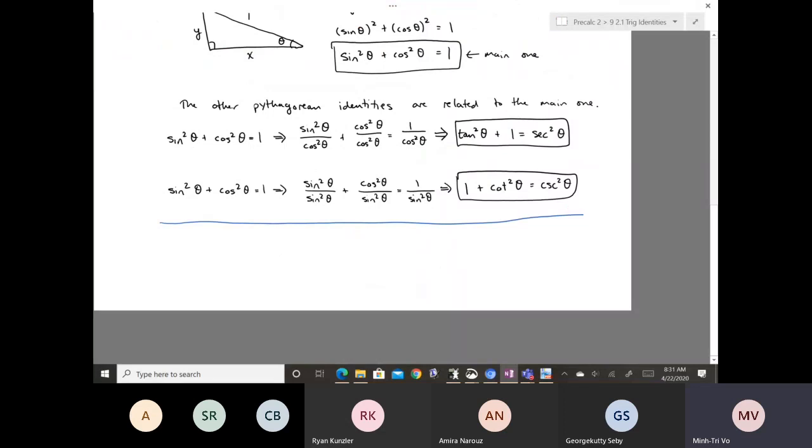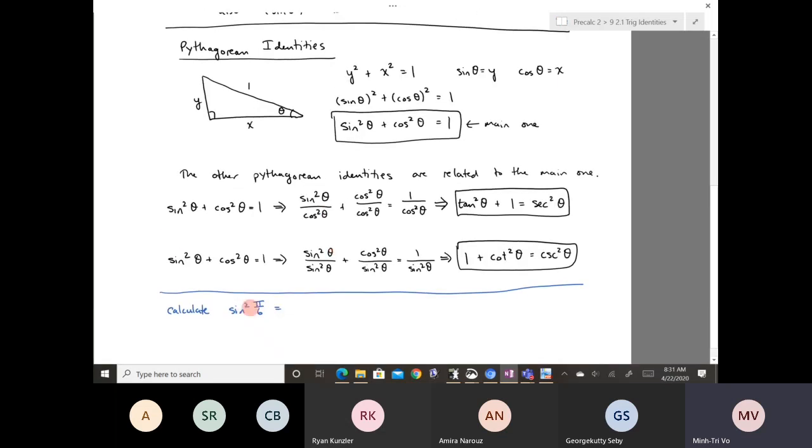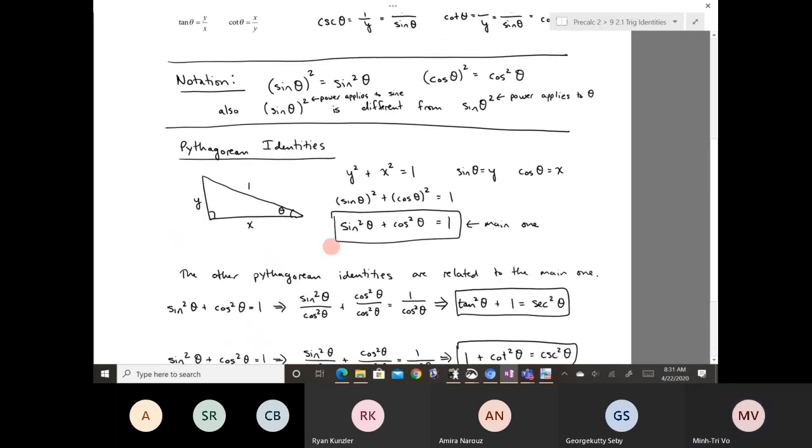Say I want to calculate sine squared of pi over 6. What this means is the power is being applied to the entire function.